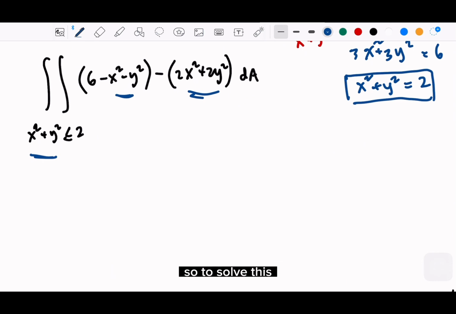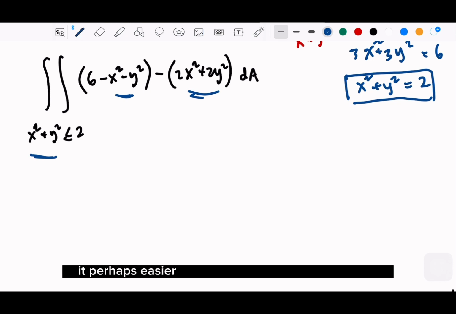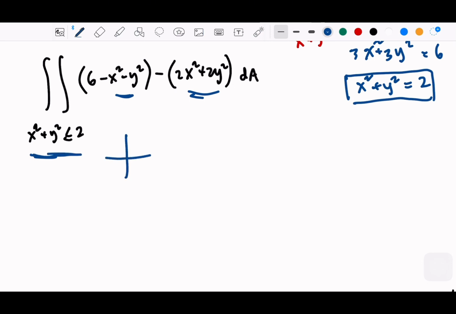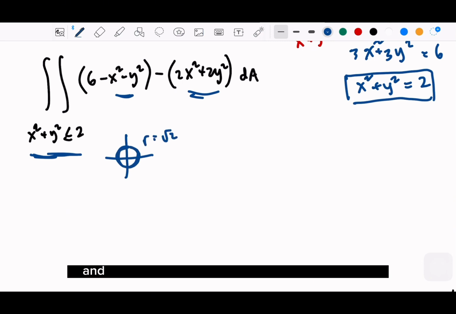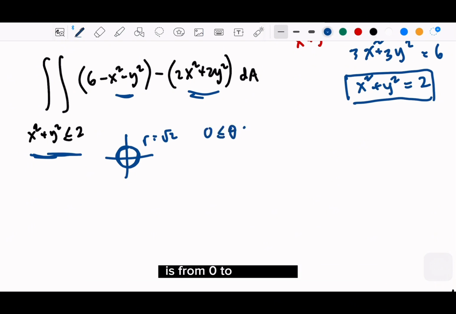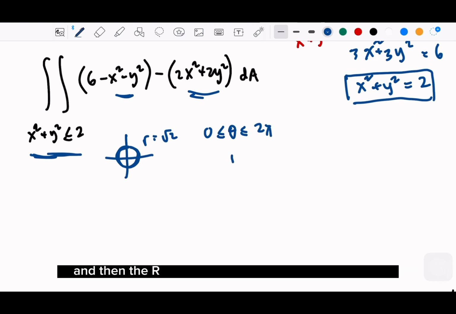So to solve this, it is perhaps easier to use polar coordinates. Looking at this equation, this will be a circle with a radius of square root of 2. The circle moves through all the theta, the angle, so the angle is from 0 to 2 pi, and r is from 0 to the square root of 2.